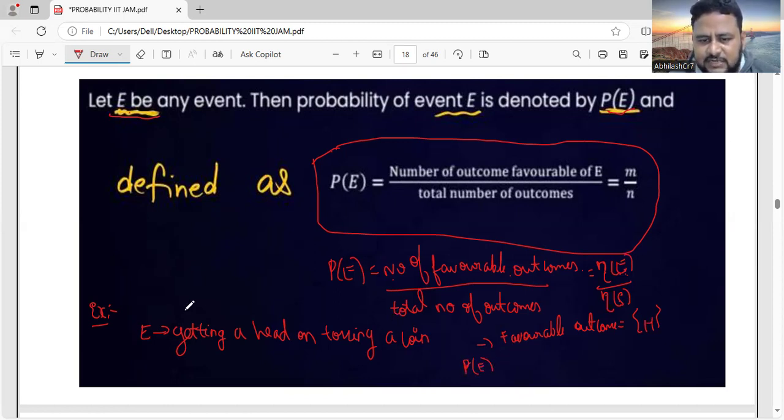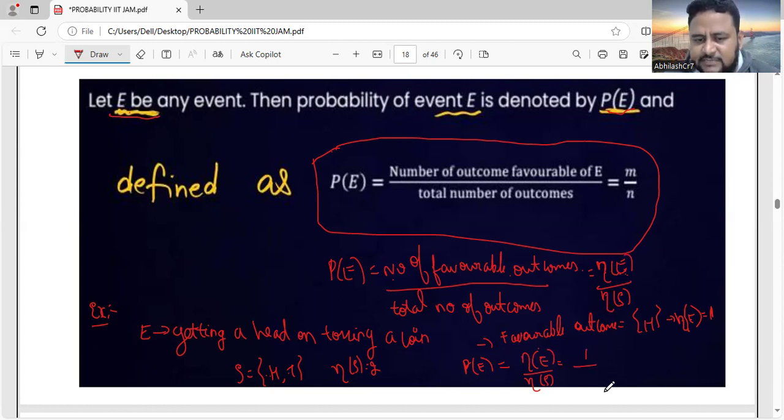So here, what is the sample space? When it comes to tossing a coin, we can get a head or we can get a tail. So P of E is n of E divided by n of S. Getting a head means only one head, so n of E is 1.